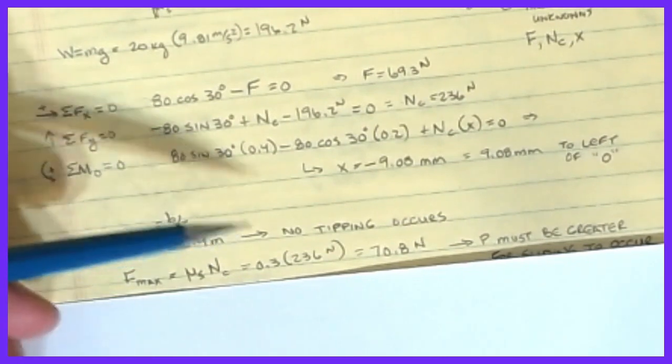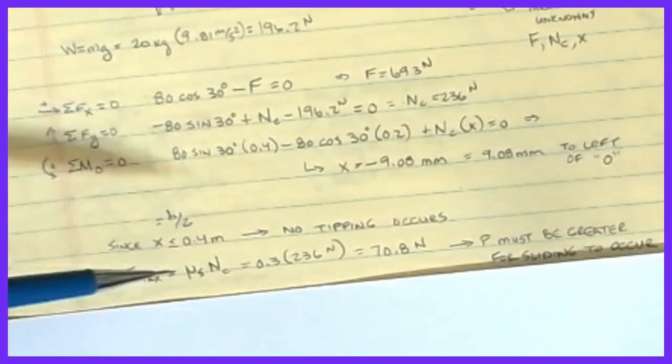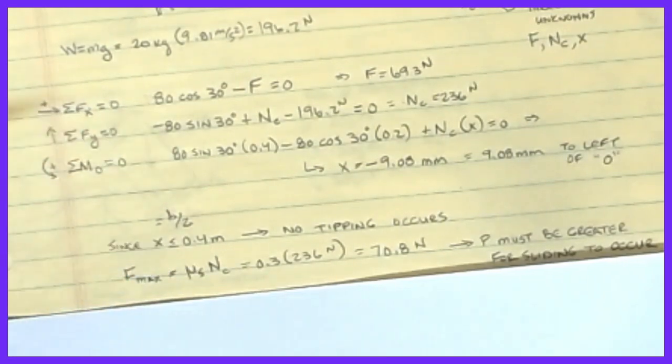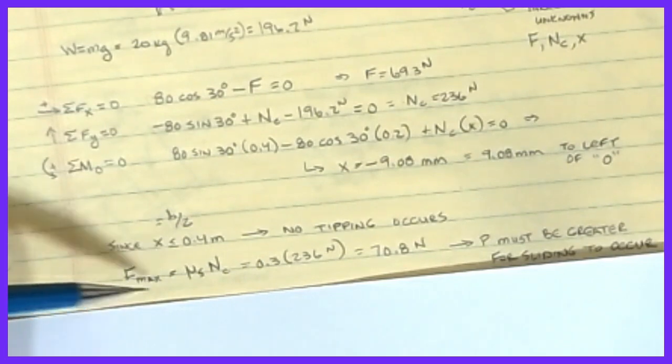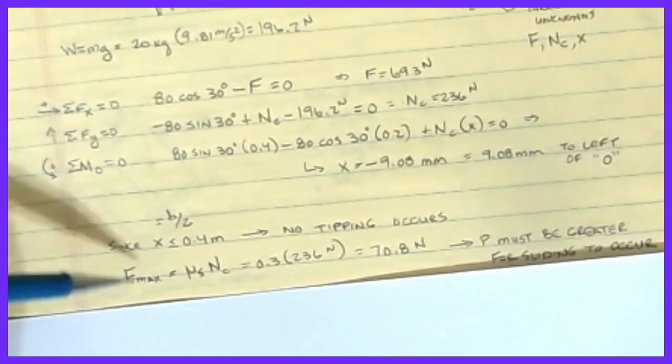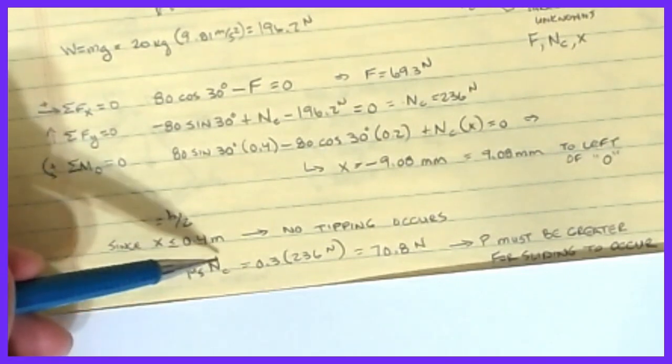no tipping occurs. So we know tipping hasn't occurred, but we don't know whether or not the object is sliding. The way that we figure out if it's sliding is we go back and calculate what that limit was, this F max. So F max we said was going to be the static coefficient multiplied by that normal.